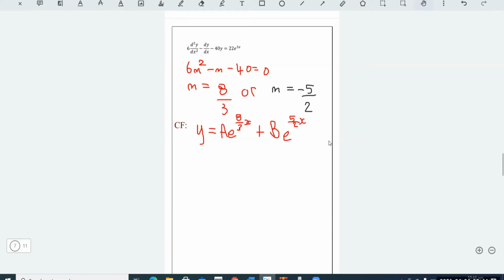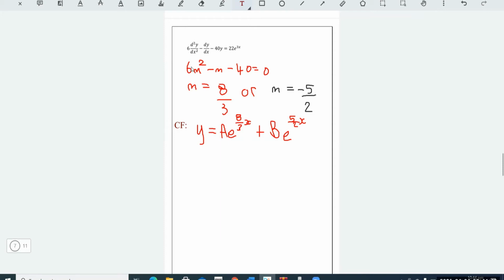All right, nice. And so what we're required to do now is find our particular integral. Now, since this is 22e to the 3x, our particular integral will take the form of e to the 3x times something, we can call it k.